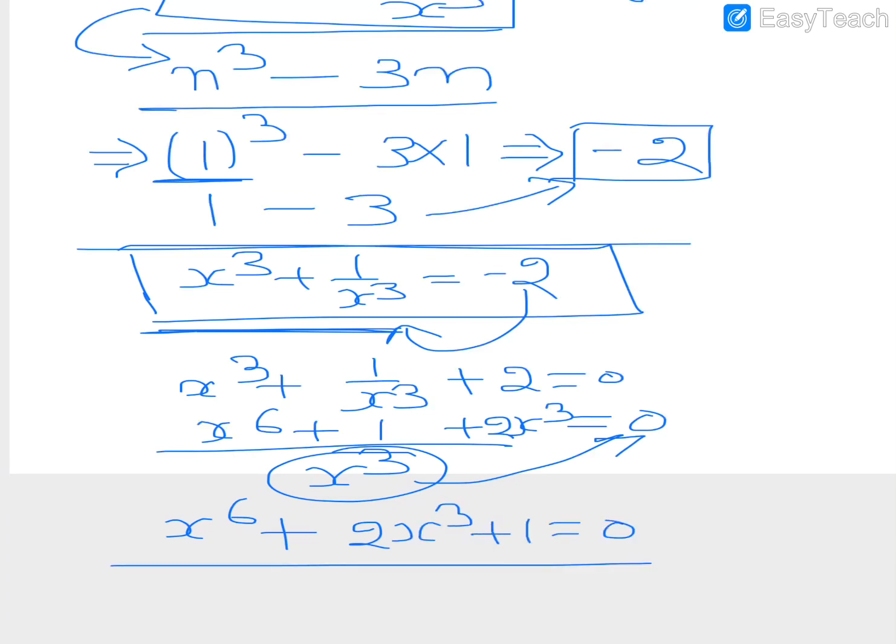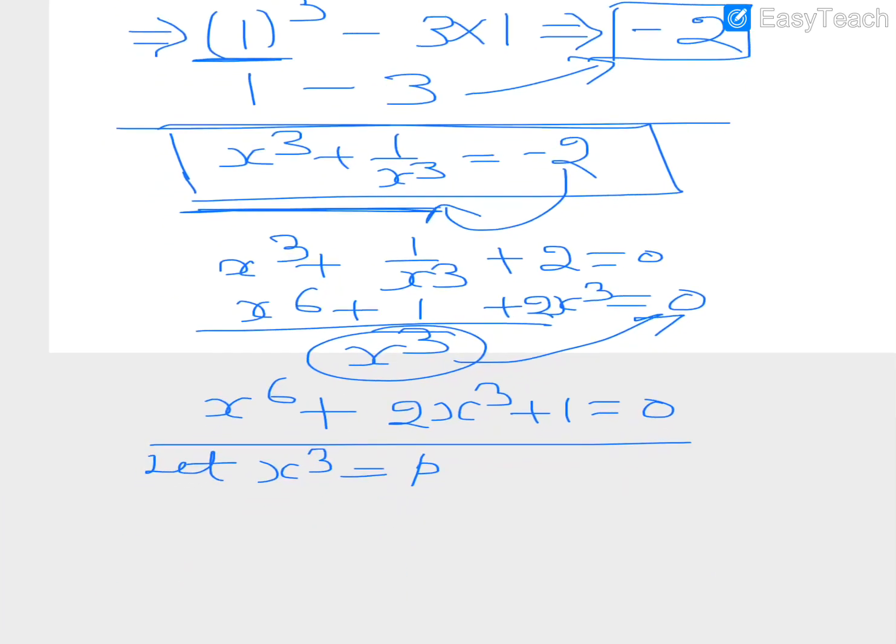This is our equation, and here let's assume x raised to the power 3 equal to p. Then it becomes p square plus 2p plus 1 equal to 0, right?